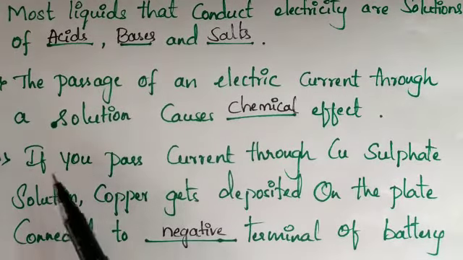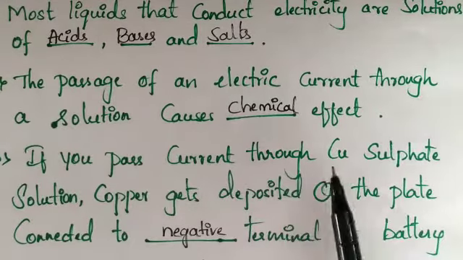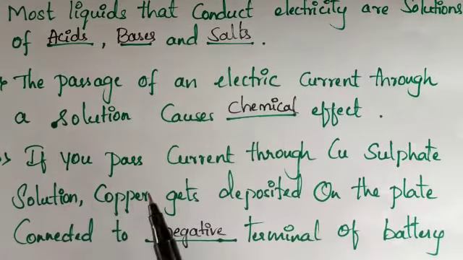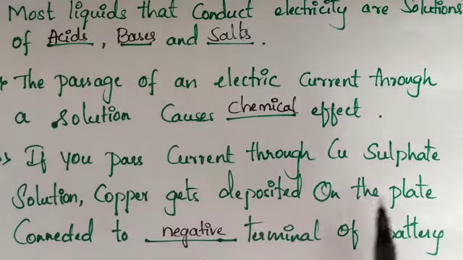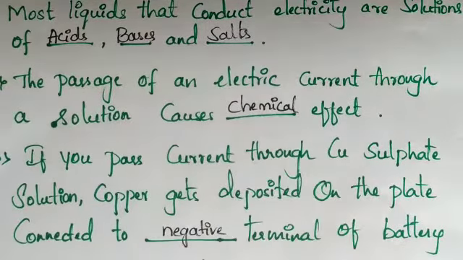The third question is: if you pass current through copper sulfate solution, copper gets deposited on the plate connected to the negative terminal of the battery.